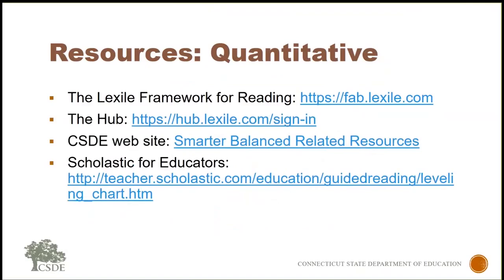A Flesch-Kincaid measure can be determined using Microsoft Word. Connecticut educators now have free access to the Metametrics Hub with hundreds of thousands of books and their aligned Lexile measure, and that site also provides an upload feature to determine the Lexile for certain texts.